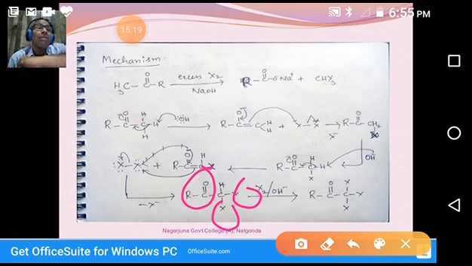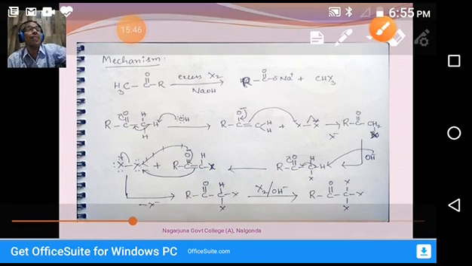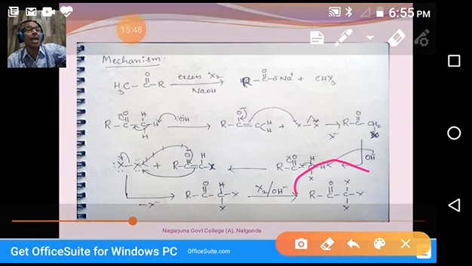Due to this electron withdrawing nature, this carbon attracts the bond electrons with H. That's why the C-H bond becomes polar, and in the presence of base, it easily goes as a proton. So whenever hydroxide ion abstracts a proton from here, it forms the corresponding carbanion. This is followed by reaction with halogen, giving the trihalogenated starting compound. You see carefully, it is trihalogenated.